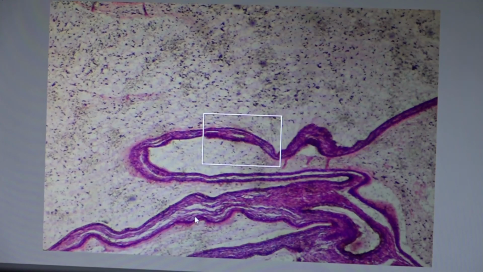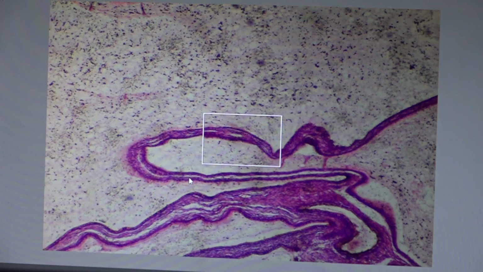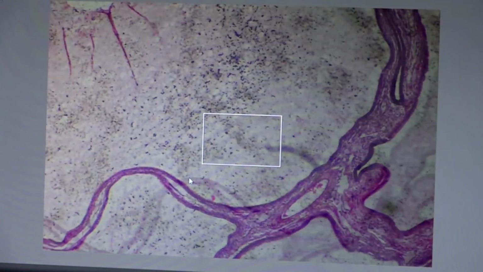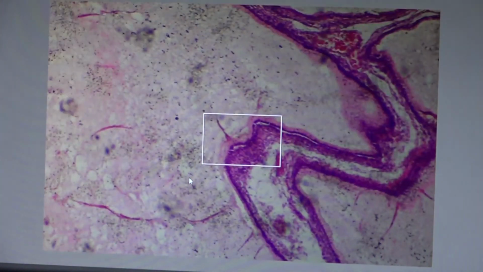This is another slide regarding the benign neoplastic lesion of the ovary. Mucinous cystadenoma. This cyst is showing multilocular cavities, multiple cystic cavities.